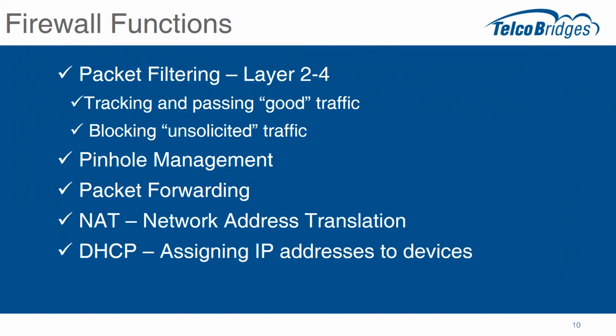In many cases, they also combine it with DHCP, which could also be done by a separate server. In a large enterprise, it probably would be; in a small SMB network or a consumer network, it might be combined in with a router firewall. So I think most everyone gets what firewalls do, so we'll move on.